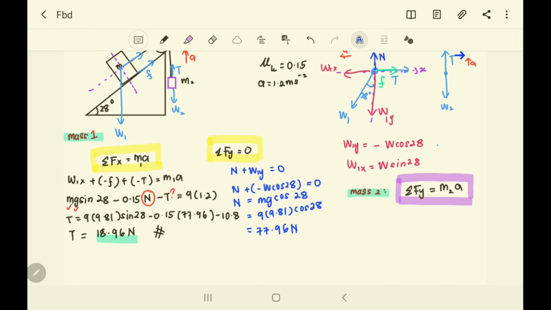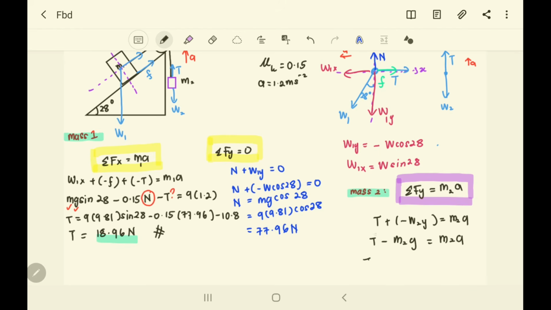Because the direction of the tension is the same direction with the motion. So T should be positive and W2 should be opposite direction, so it becomes negative. So in y component, T plus negative W2y equal to M2a. Therefore T minus M2g equal to M2a.